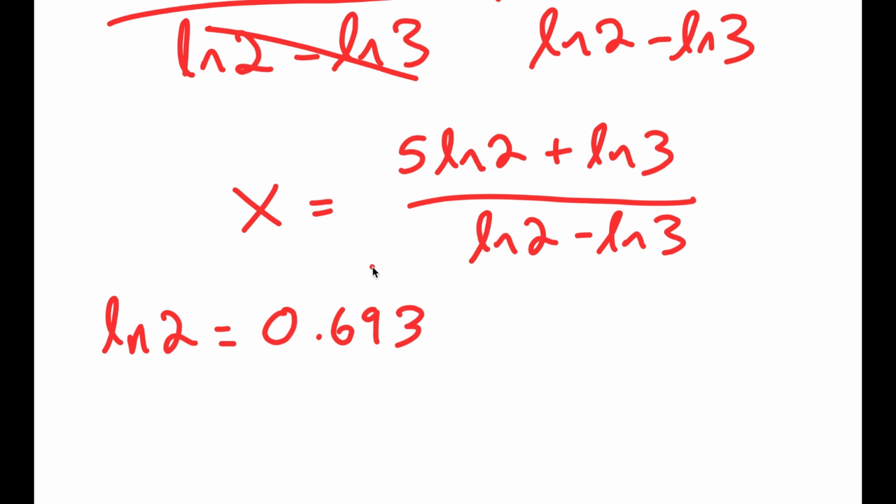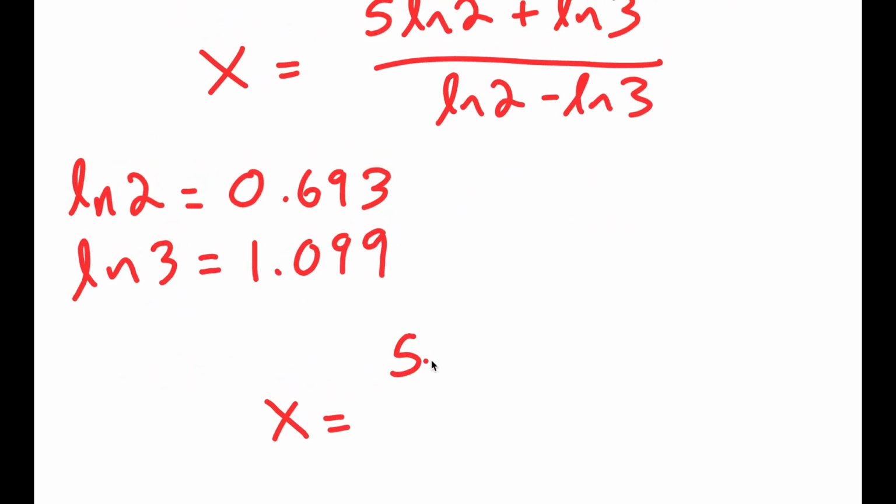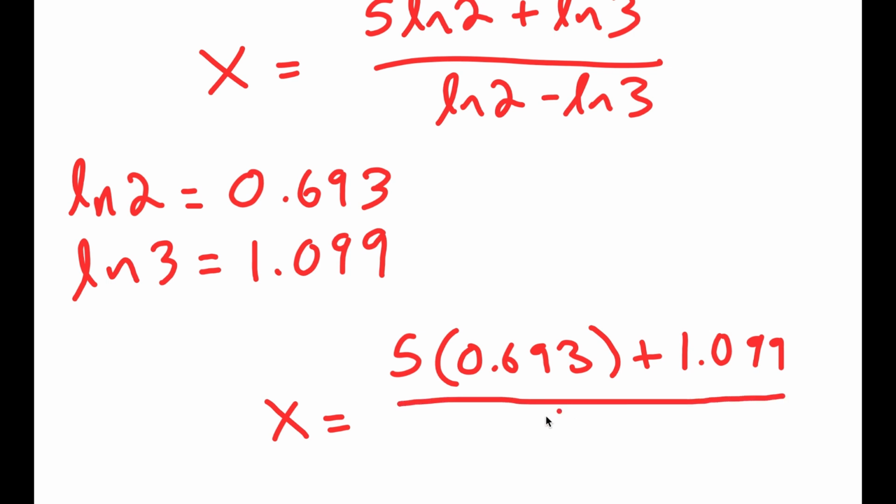And ln 3 is equal to 1.099. So I get x is equal to 5 times 0.693 plus 1.099 over 0.693 minus 1.099.